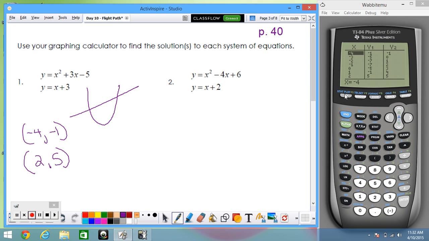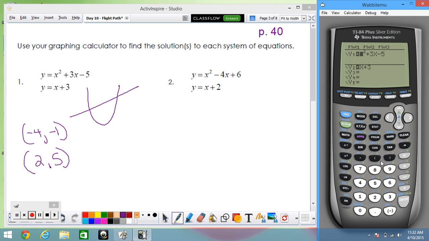Now let's take a look at number 2. So go ahead and change it. So this is going to be -4x plus 6. And this one is, instead of x plus 3, I'm going to change it to x plus 2. Let's take a look at the graph. So there's my parabola and there's the line.